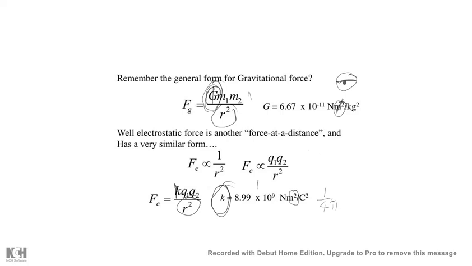Now we have Fg, the gravitational force, increasing as this increases. But this now has become tiny. This is weak. This is massively strong compared to it.